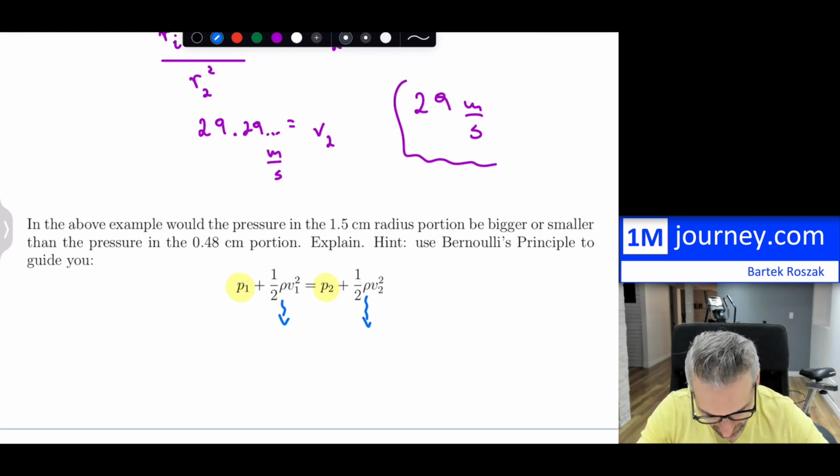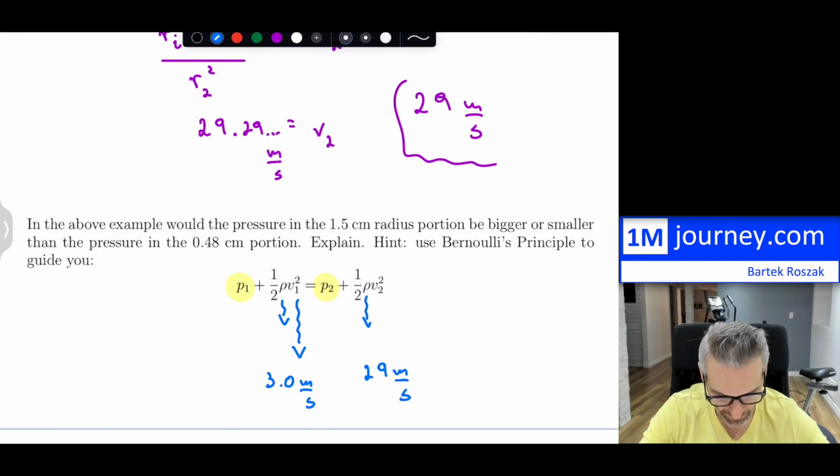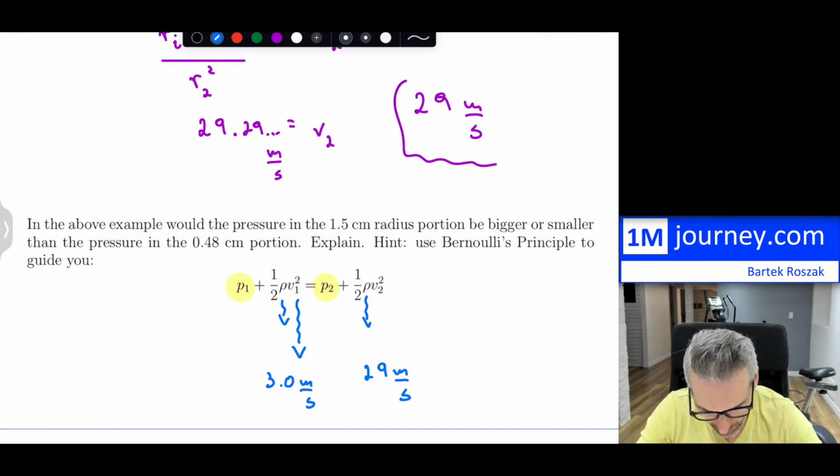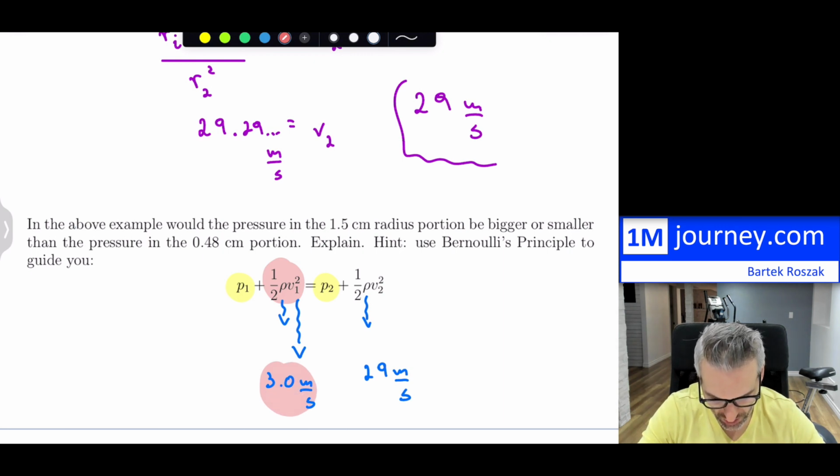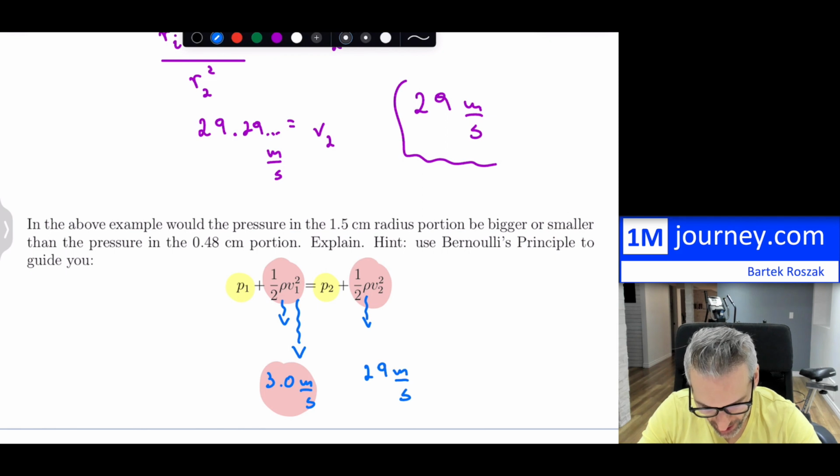So really the only thing changing is the speed. This speed was approximately 3 meters per second, and then v2 had a speed of 29 meters per second, as you see up above. So it's 10 times more. If you take the 3 and square it with the same density, in comparison to this, that term skyrockets.